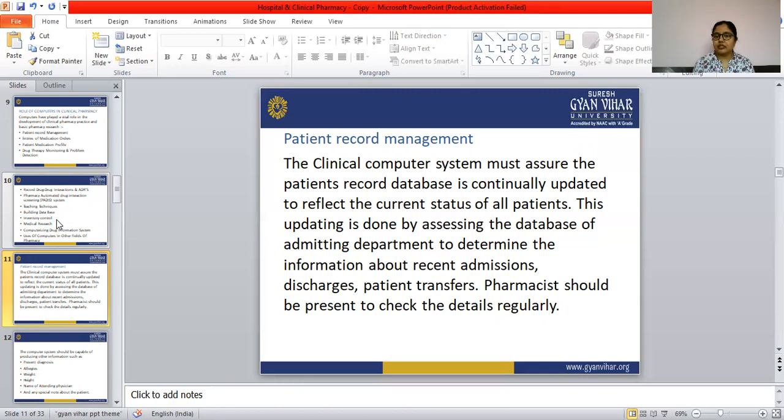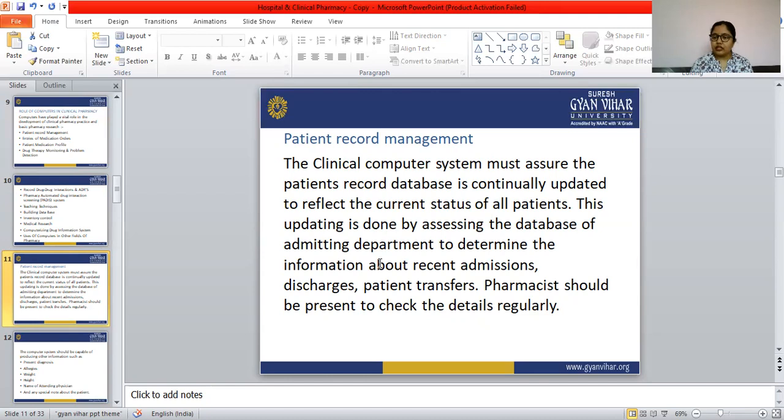These all are the databases that the clinical pharmacists have to record. The admitting department is there in the hospital, so the clinical pharmacists can collect all this data from the admitting department.